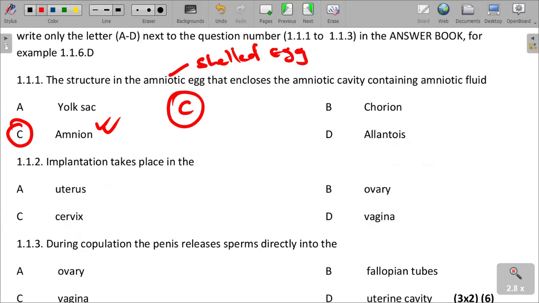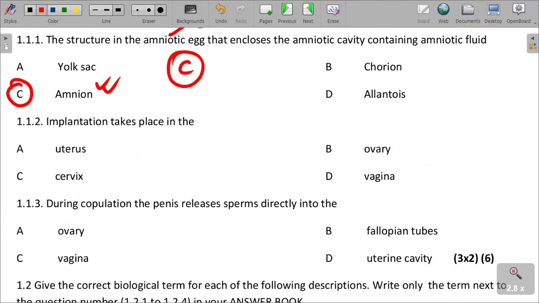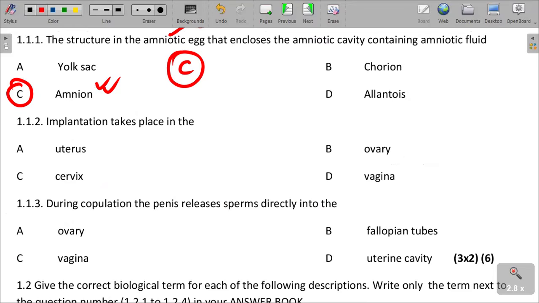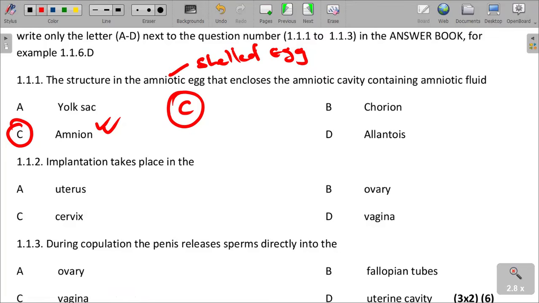Implantation takes place in the dash. This is in terms of internal fertilization, where the fertilized egg, the zygote, attaches in the what? It attaches itself in the uterus. It is in the uterus where we see the zygote.